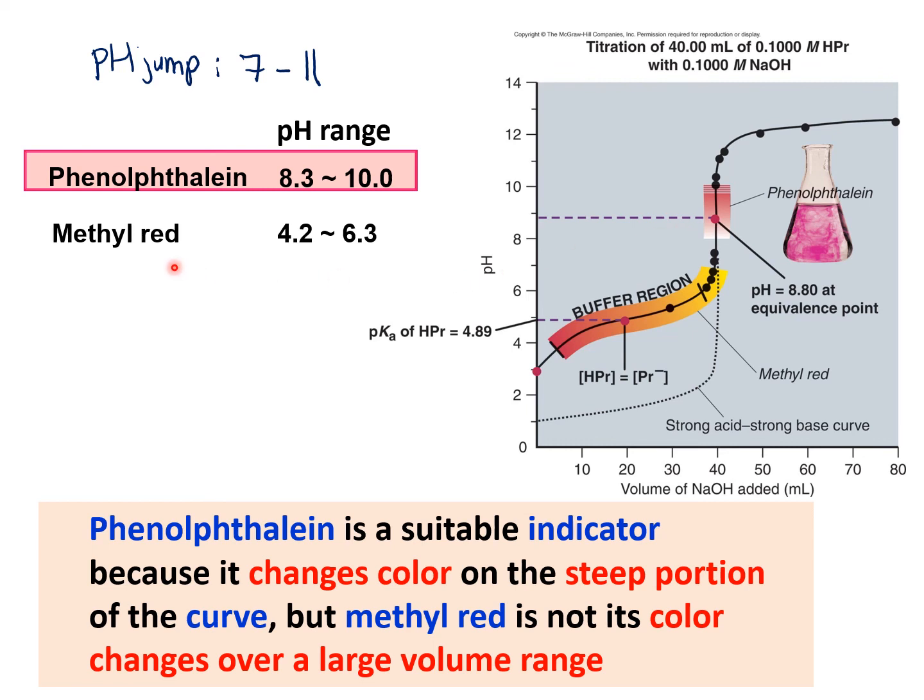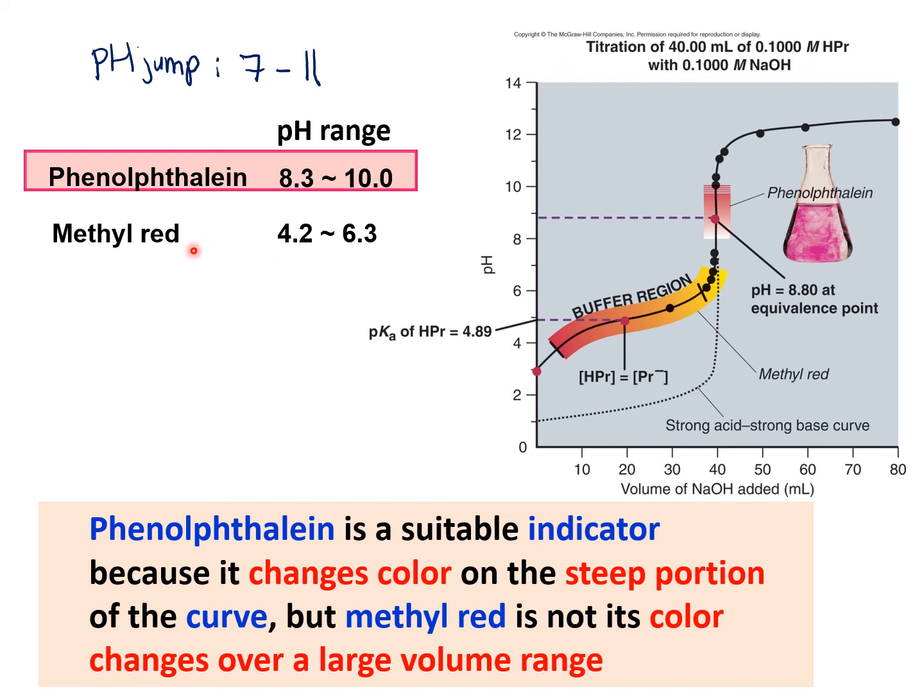Macam mana pula dengan methyl red? Methyl red akan berubah warna dalam 4.2 hingga 6.3. So if I put methyl red into the system, methyl red ni dia akan bertukar colour sebelum pH jump. So we will not get the accurate endpoint. Endpoint adalah apa? When the indicator change colour. Kita nak indicator kita change colour pada equivalent point.